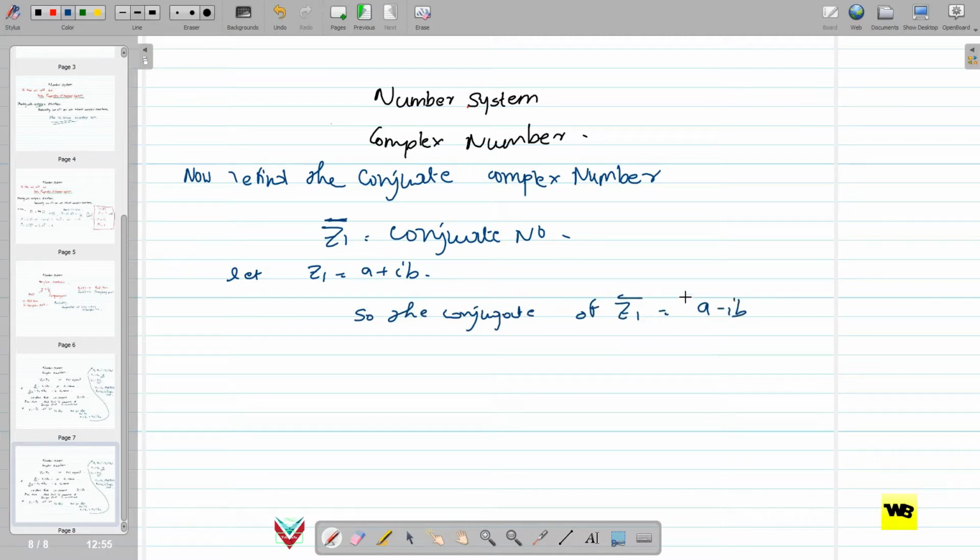If a negative sign is there, we have to make it positive, and if positive, negative. So conjugate is nothing but converting the sign.